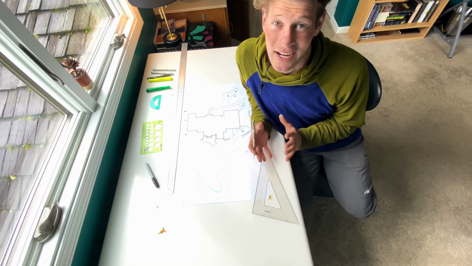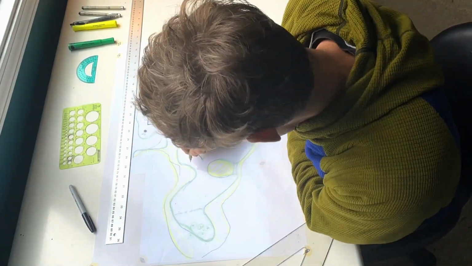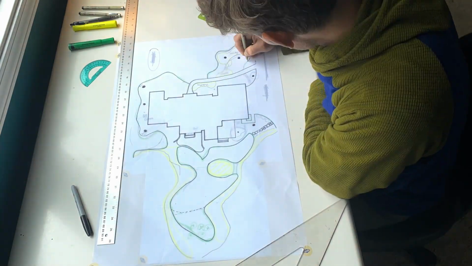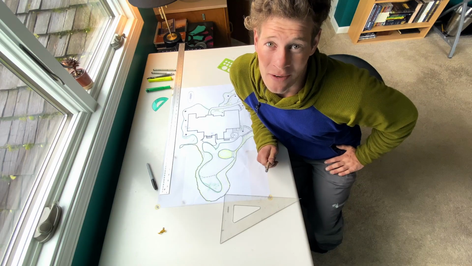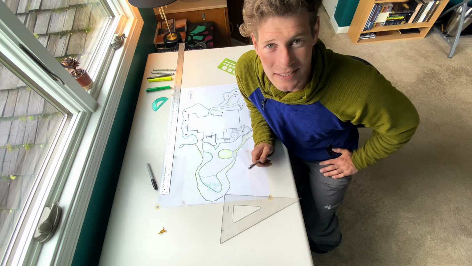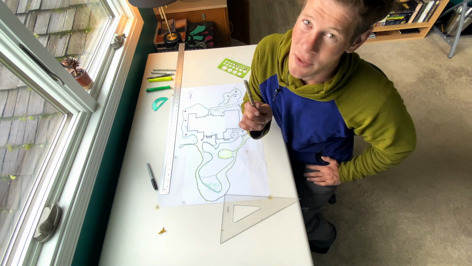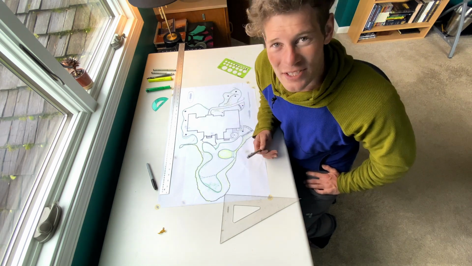Now that the hard edges are outlined, I'm going to go ahead and do the bed edges as well. And note where the bed edges start and stop, like where they go from bed edge meeting lawn into bed edge meeting the forest. The next thing I'm going to mark out are any places in the bed where there are already existing plants like Pachysandra or ground covers that I don't want to remove. And I'm also going to mark out any ones that I do want to remove. But on this project, there's nothing there.